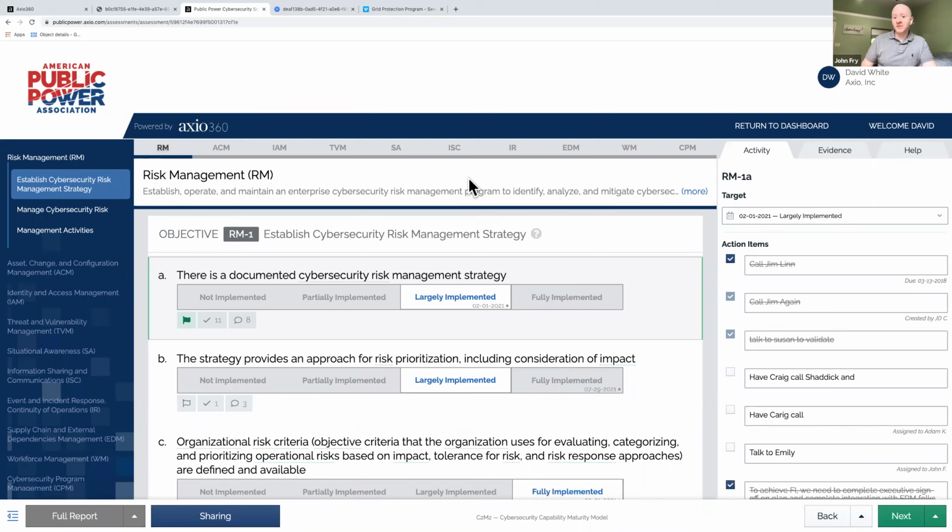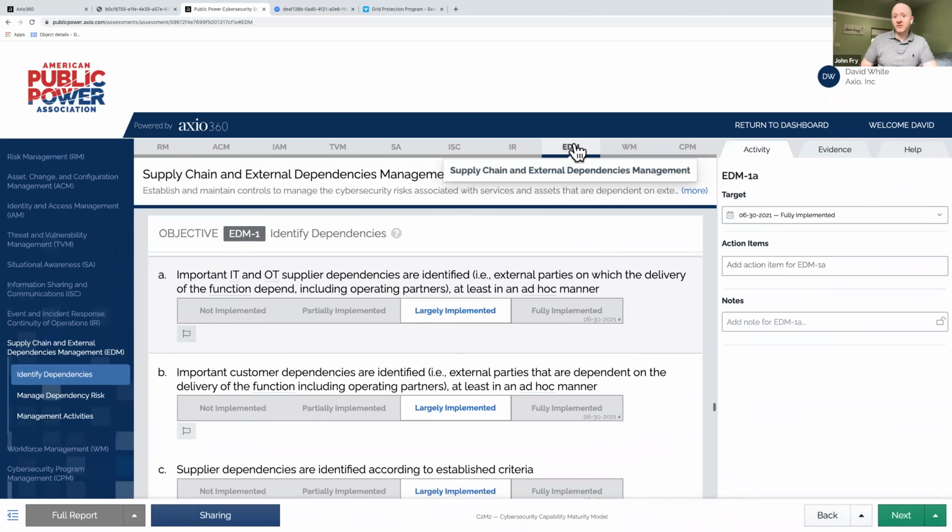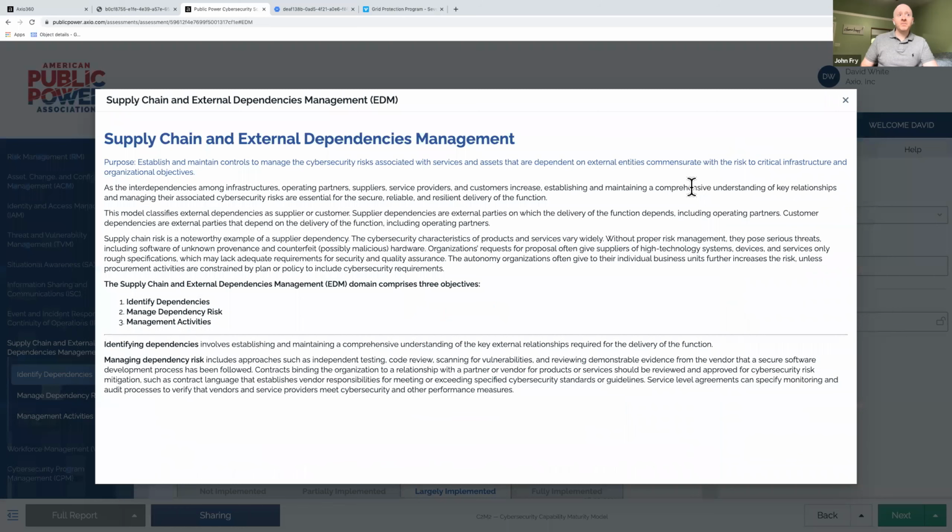NRECA is doing a lot of really interesting R&D work around supply chain. So check their website later this year, early next year, to see some of the results of that. The same with APPA. They've got guidance coming up on how to address NERC SIP. Again, that will be on their website later this year.